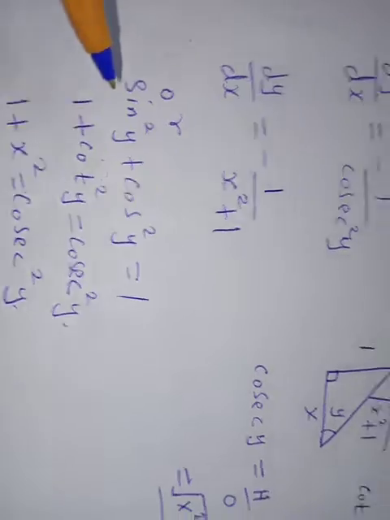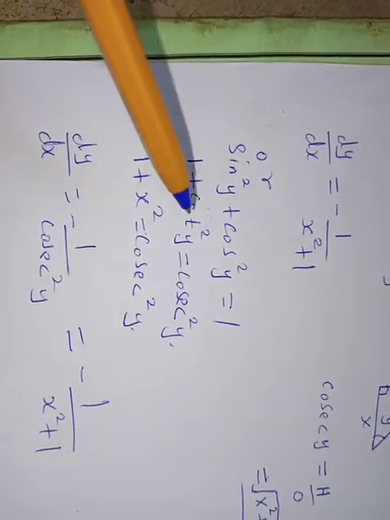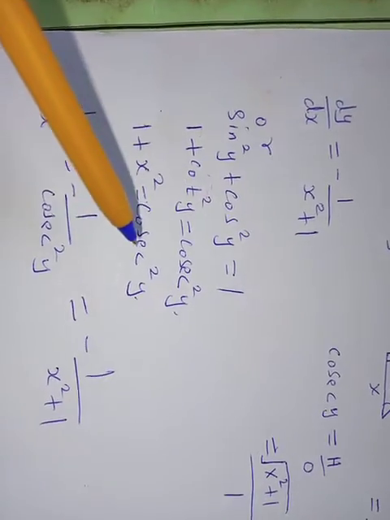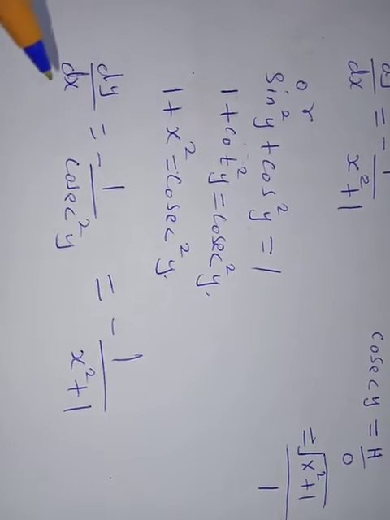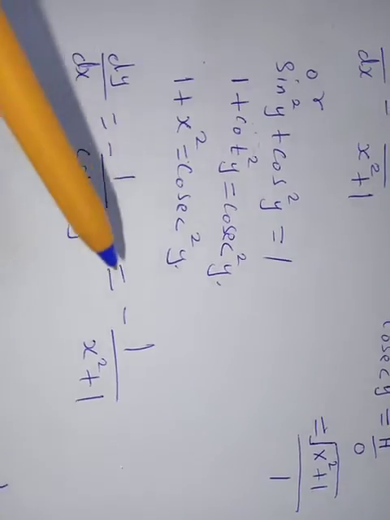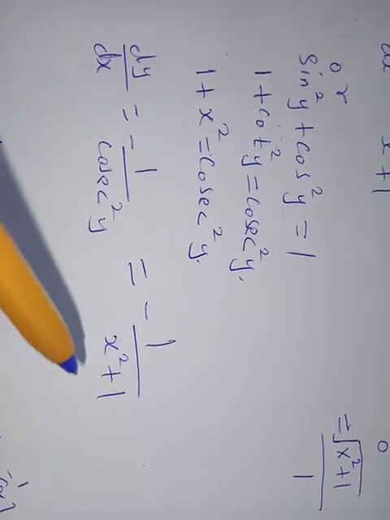So 1 plus cot squared y is equal to cosec squared y. From above, we found that cot y is equal to x, so you substitute cot with x and square. So 1 plus x squared is equal to cosec squared y. Then the derivative dy dx is equal to negative 1 over cosec squared y, which is equal to negative 1 over x squared plus 1.